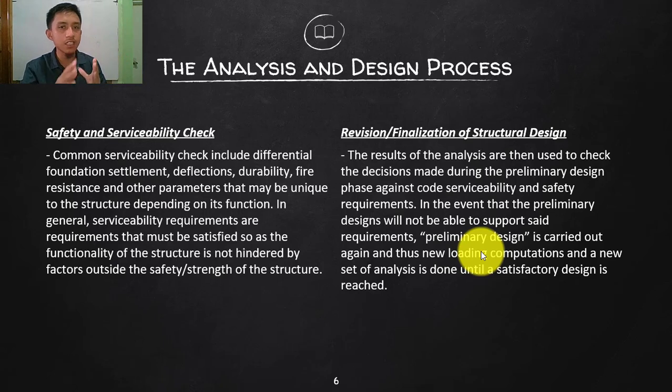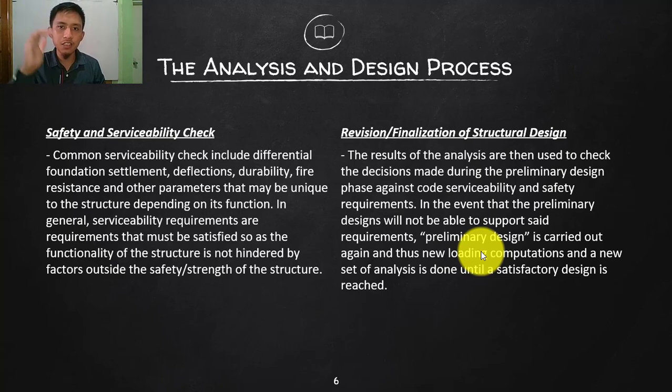Structural means the plan, the distribution of the beams and columns, and at the same time the sizes are indicated there, and how it will be constructed. So that is the structural plan. Again, you have the concept, that is the architectural plan. If we are talking about a building, you have the concept, but that will not stand without the structural. So that is how important structural design is.